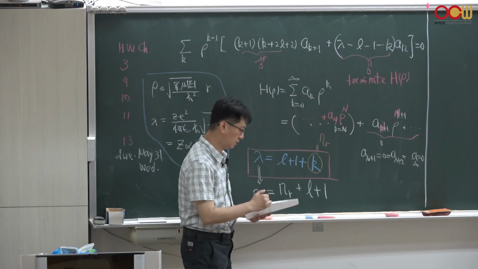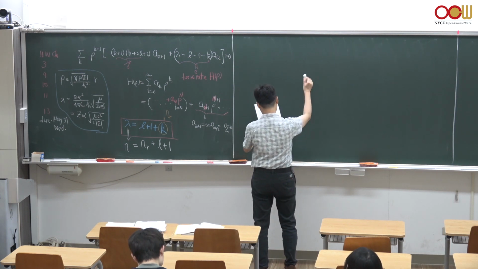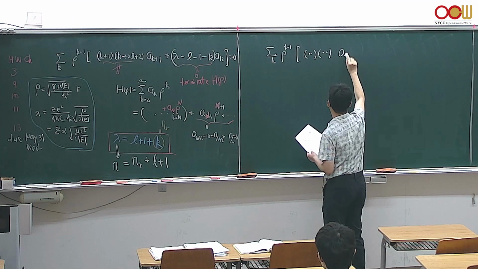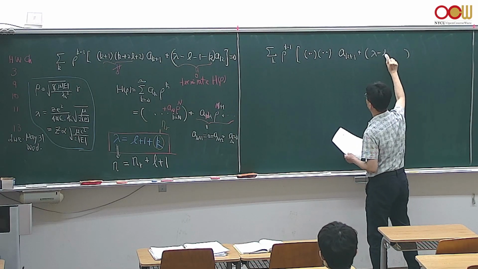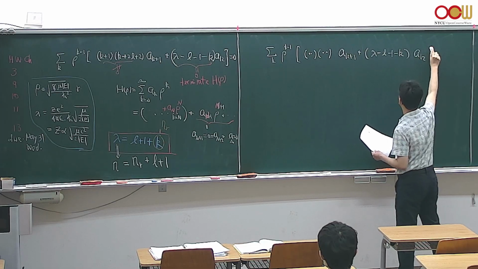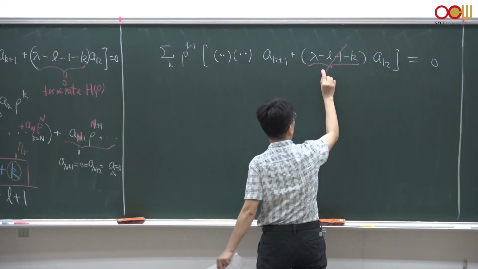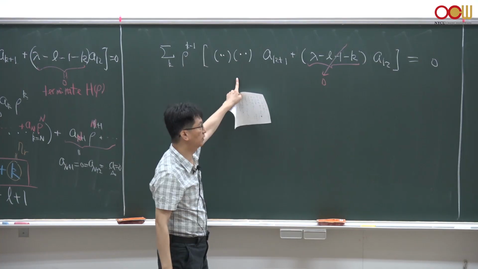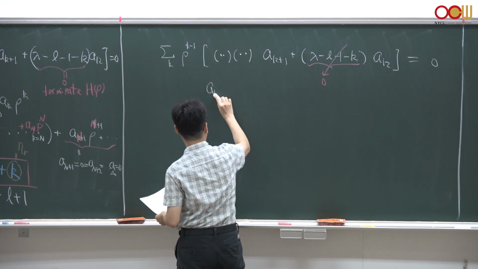In such a case, we could show a_{k+1} vanishes, because if this is the case, we immediately see that the bracket, k plus 1 plus lambda minus L minus 1 minus k, is 0. Suppose that this bracket vanishes to satisfy this recursive relation, so we must conclude that a_{k+1} is 0.